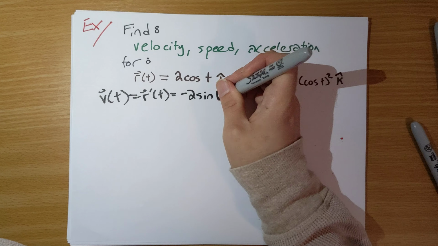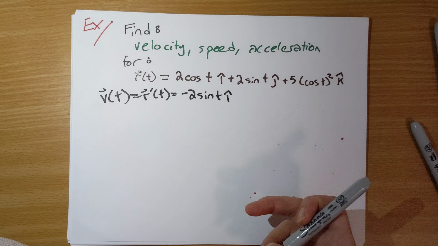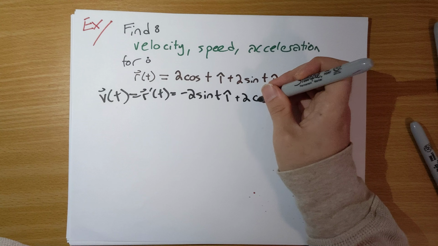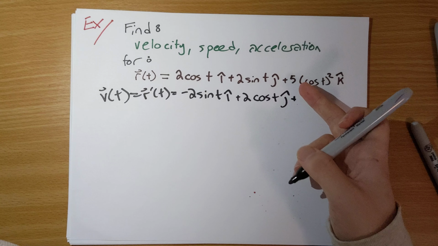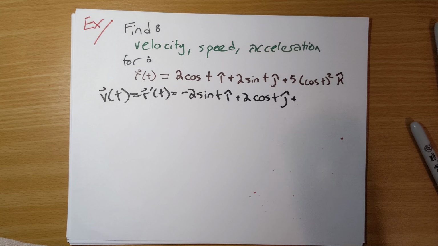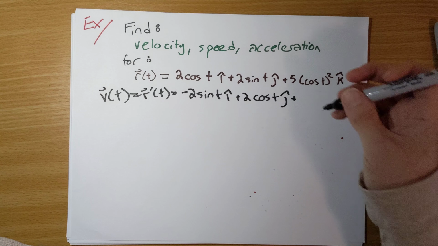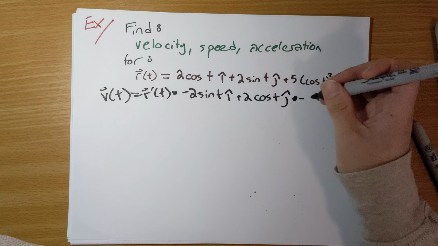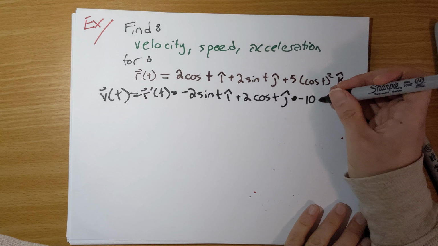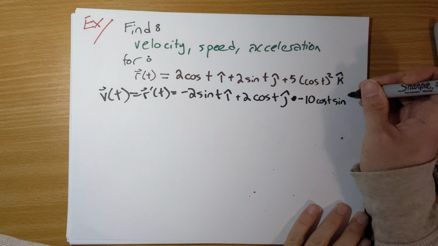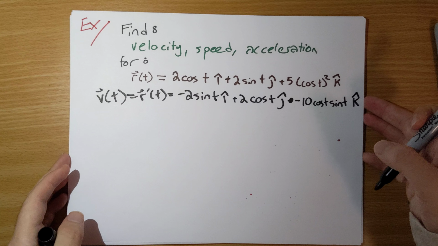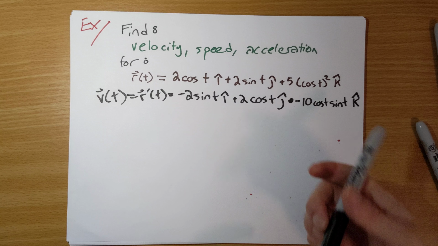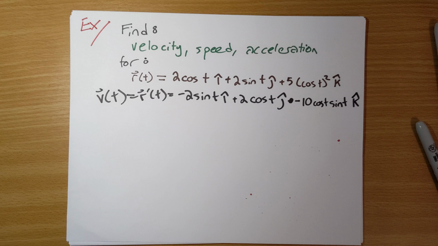So negative 2 sine t i hat. The derivative of 2 sine t would be 2 cosine t, so we have 2 cosine t j hat. And then the derivative of 5 cosine t quantity squared, that ends up as negative 10 times cosine t sine t. That's very easy to do with the chain rule. I'll let you verify it for yourself here. So negative 10 cosine t sine t times k hat.